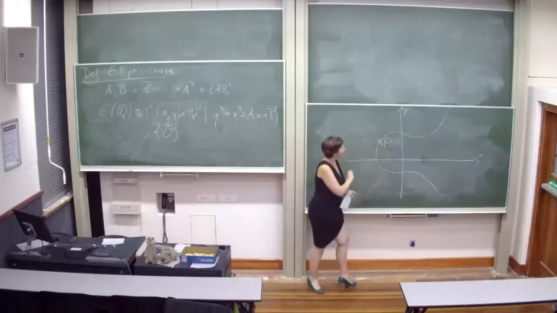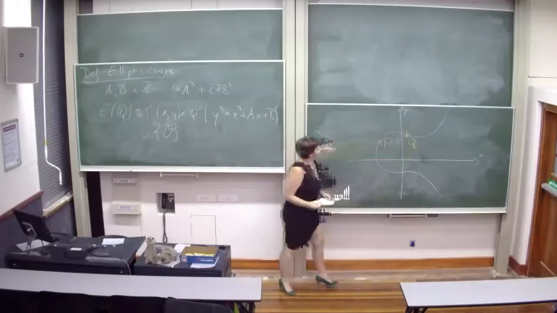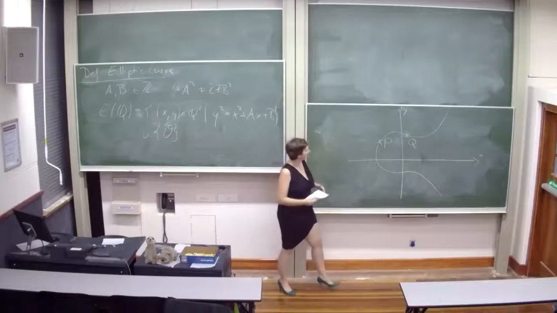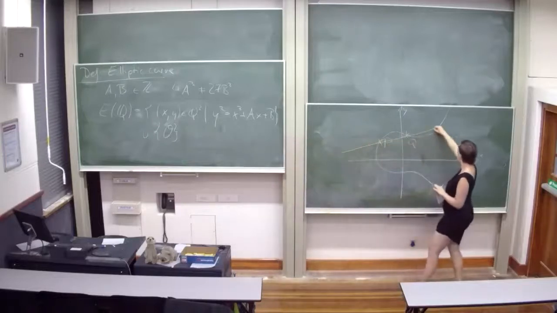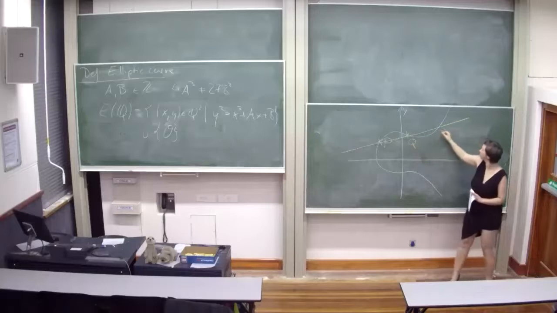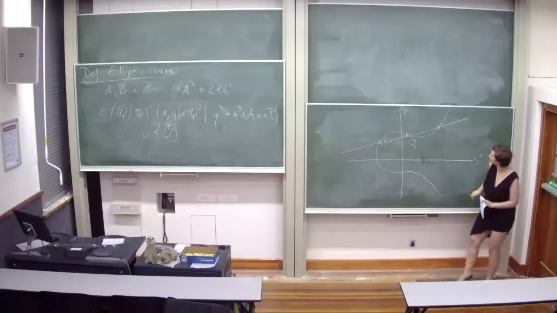So this is a point P. This is a point Q. And now we can add those points just by drawing a line through them. And now there's a little bit of math magic here, because there's always exactly a third point of intersection here, which is a big theorem, so we just believe it.